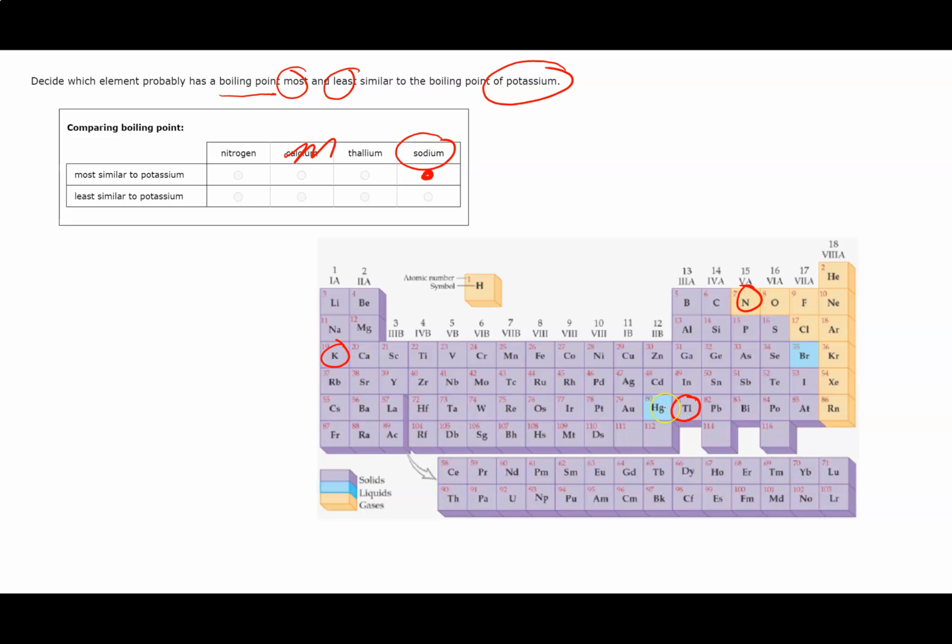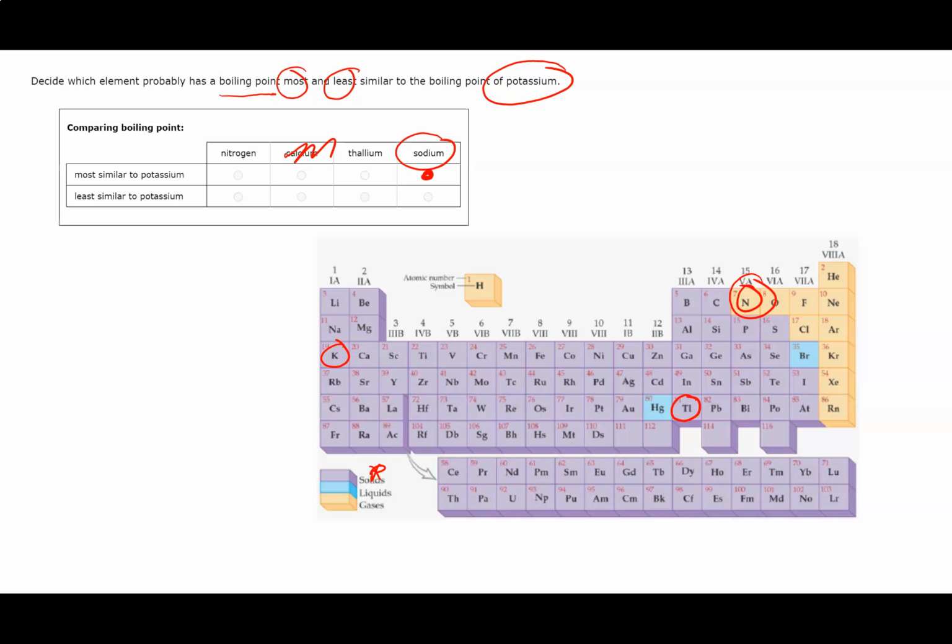And then the other way to look at this is to recognize that thallium and potassium are both solids at room temperature, whereas nitrogen is a gas. So clearly the boiling point and the melting point of nitrogen is very different from that of potassium.